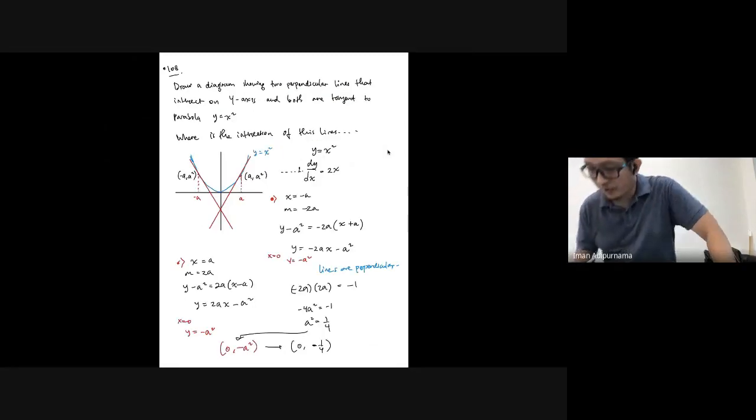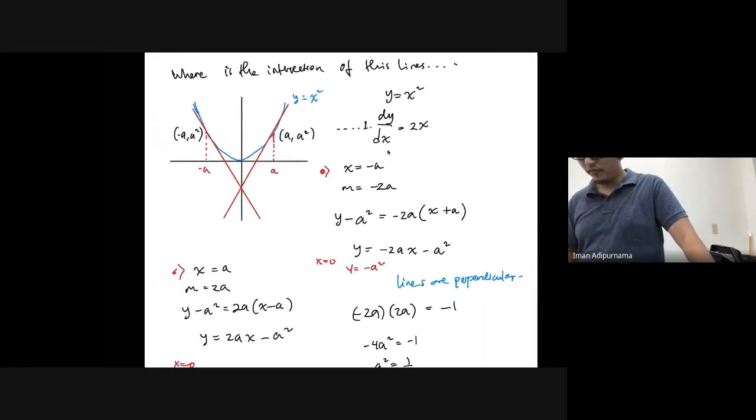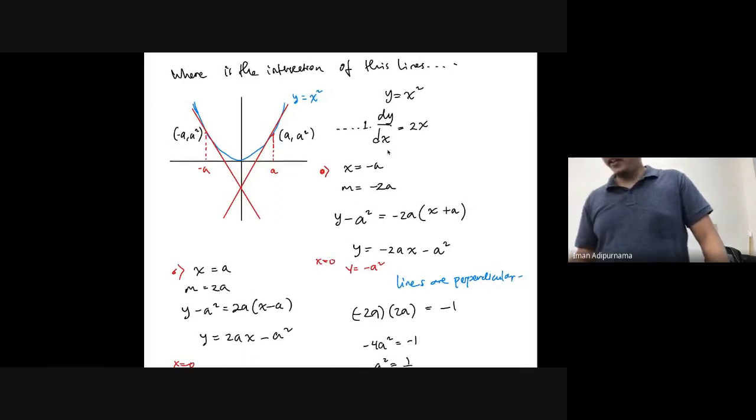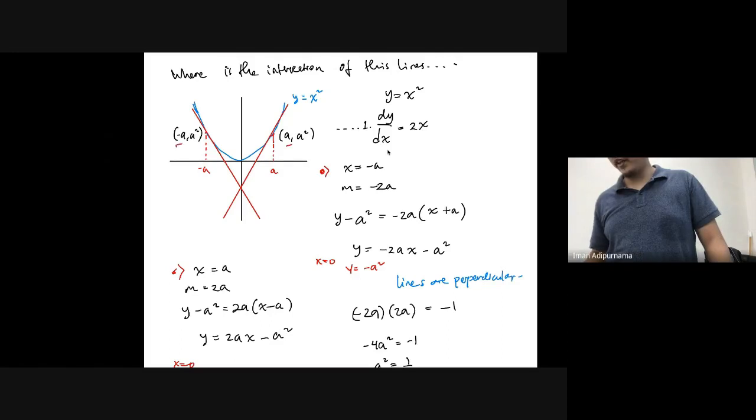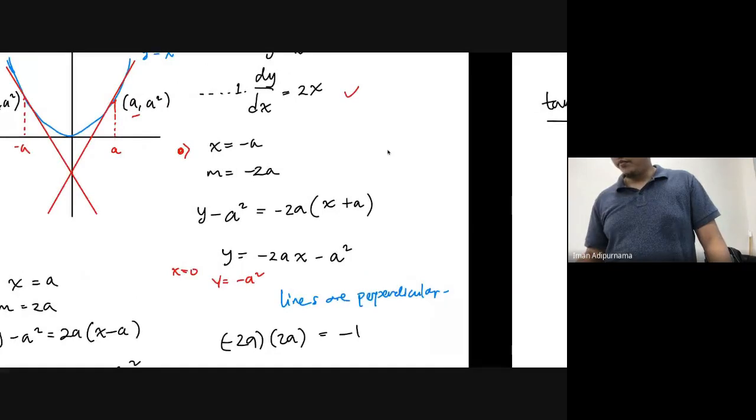Let me check if I have the right answer. Oh yeah, I've written the answer. So like this. Just make any variable a, and this is -a. You have the first derivative, okay? Check all the line equations, okay?